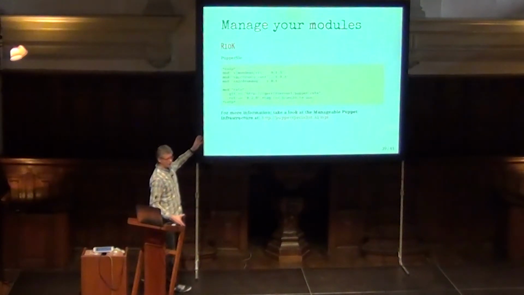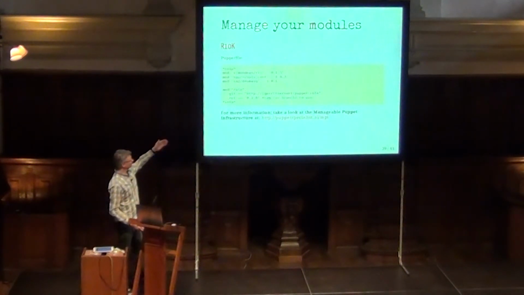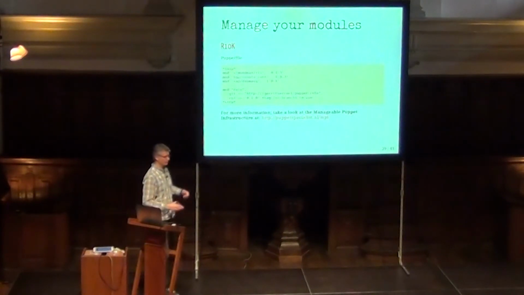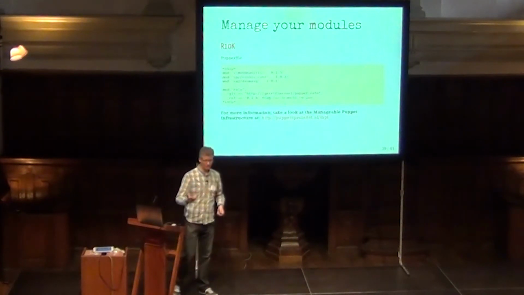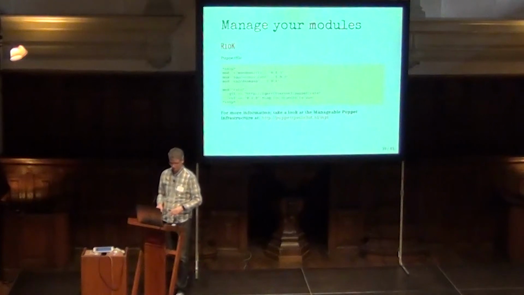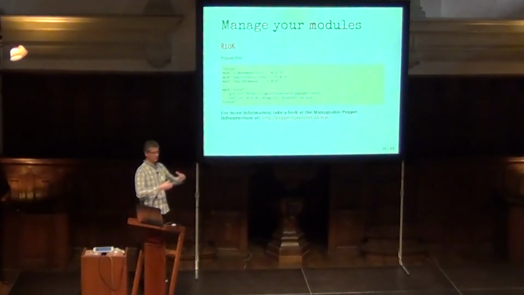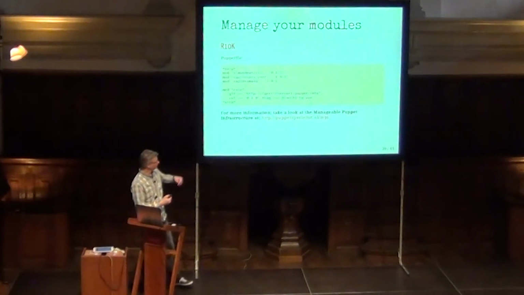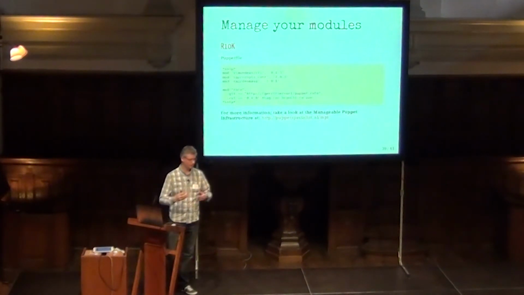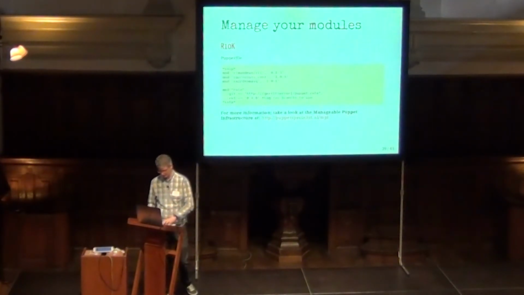It's not just Forge modules, you can also put Git repositories in there, so you can also manage your role, profile and company-specific modules. If you want more information on how to set up your infrastructure, you can take a look at my site. There are also some instructions on how to do that.